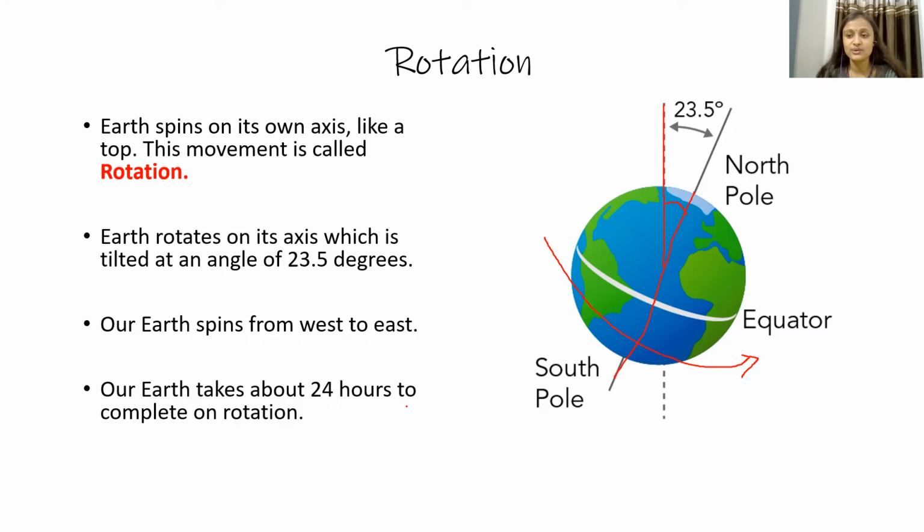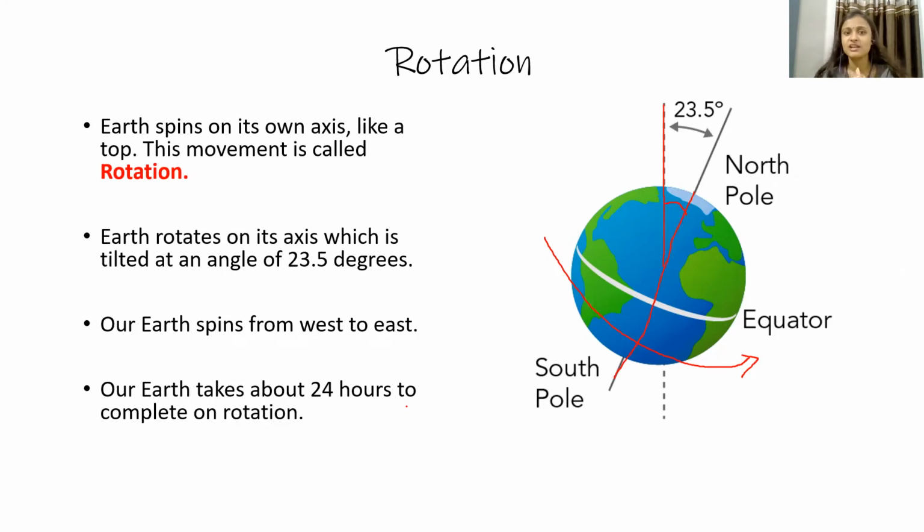We already know that one day has 24 hours. So our Earth completes 24 hours, and that is called one day. So rotation takes 24 hours.